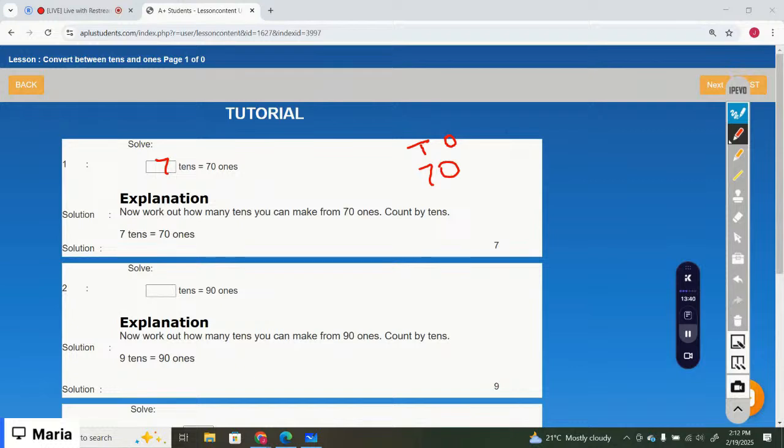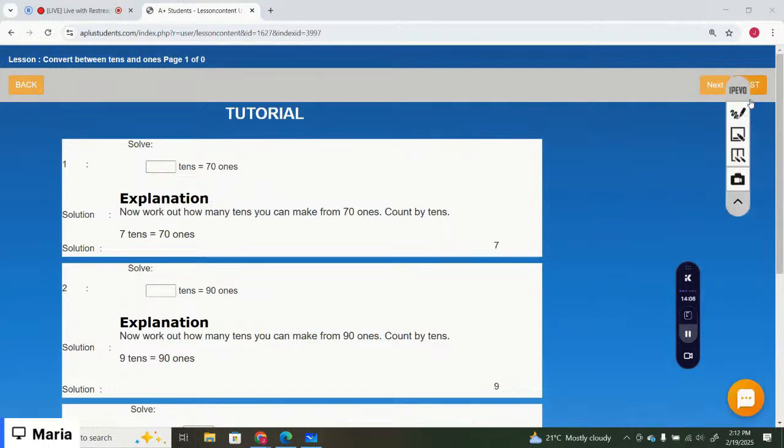The correct option is 7 tens. Let's just start with the test questions.